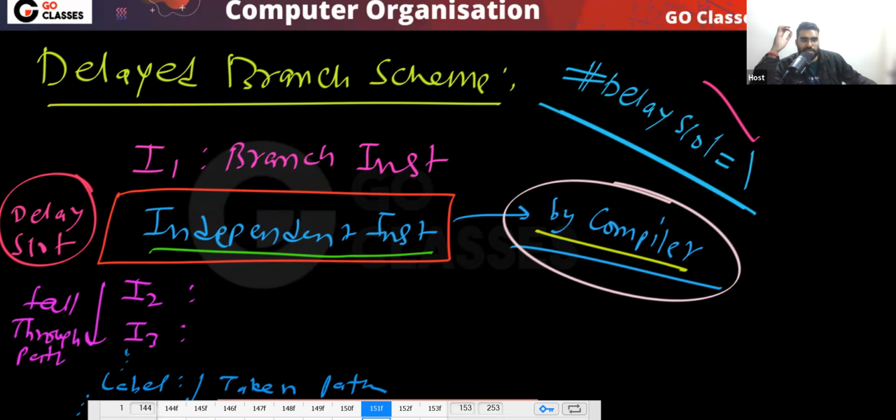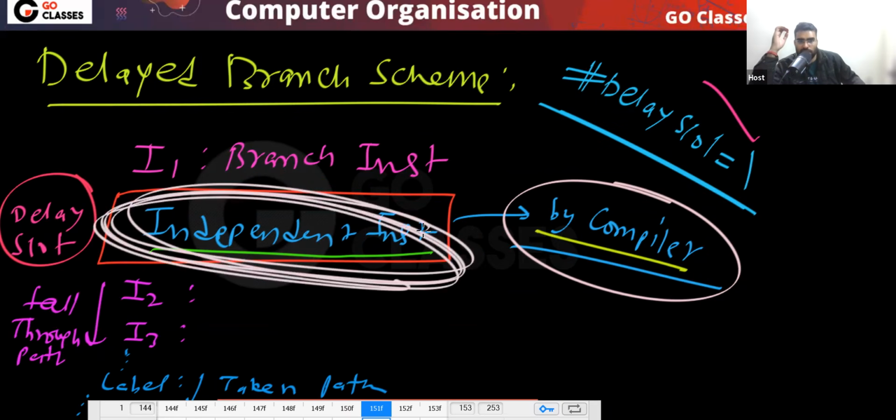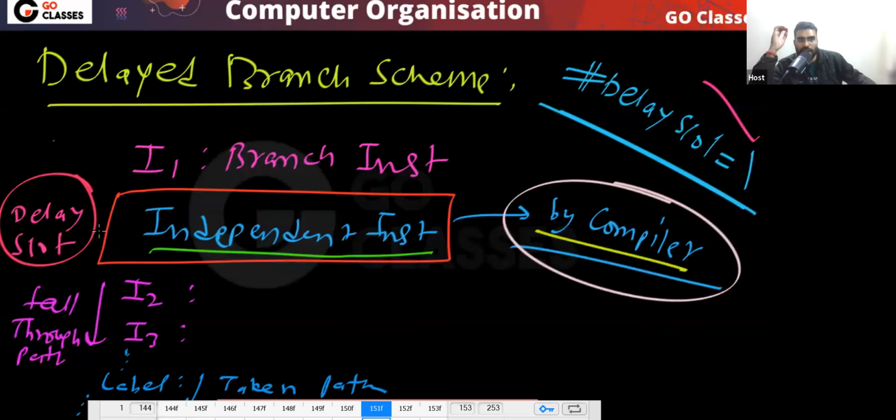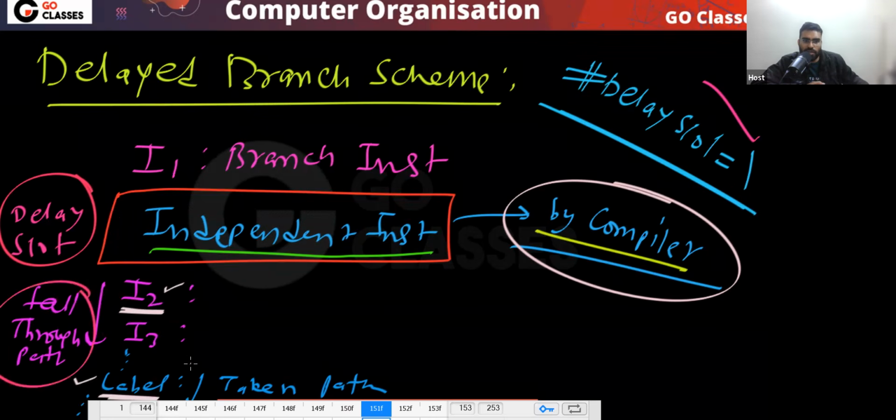What does independent mean? It means that even if this instruction executes, you know that after the branch instruction, either I2 or the label should be executed. Either the first instruction of the fall through path or the first instruction of the taken path should be executed. Do you agree with me?